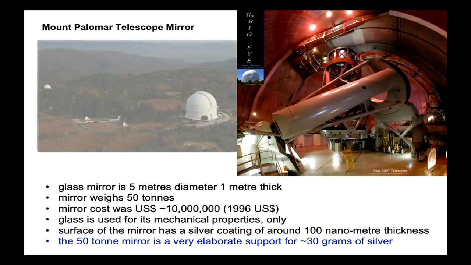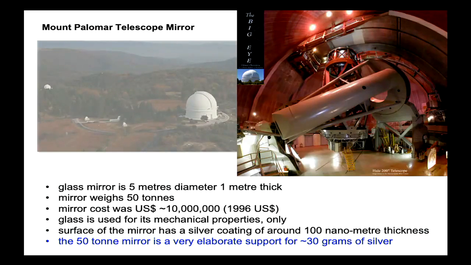Here's part of the reason why. It's 5 metres in diameter, it's 1 metre thick, it weighs about 50 tonnes, so it's a big lump of glass. And it's interesting that when the engineers decided on glass, it's not as if light goes through the glass and then hits the mirror surface and comes back out again. The mirror's on the front surface.